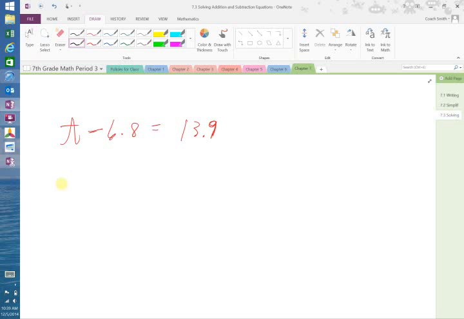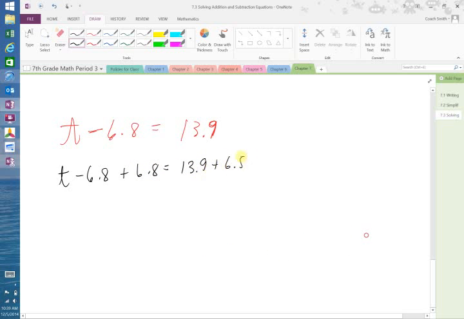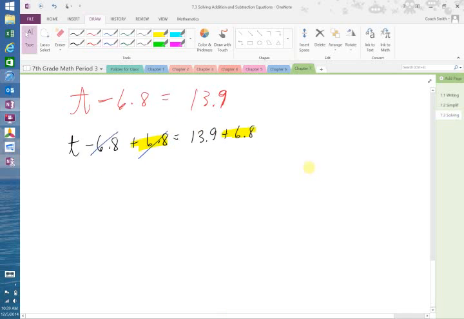So we have T minus 6.8. The inverse would be to add 6.8: equals 13.9 plus 6.8. So once again, the inverse operation was the plus 6.8. Now on the left side of the equation, subtracting 6.8 and adding 6.8 cancel each other out.